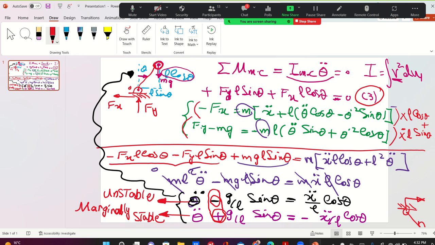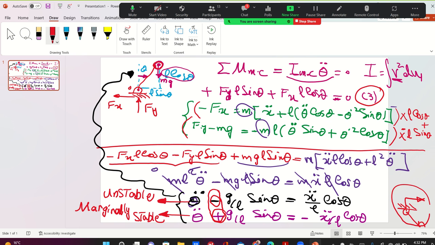What does it mean? Can I go to the next page? Yes. The other one is the moving pendulum. Regular moving. This was the inverted moving pendulum.